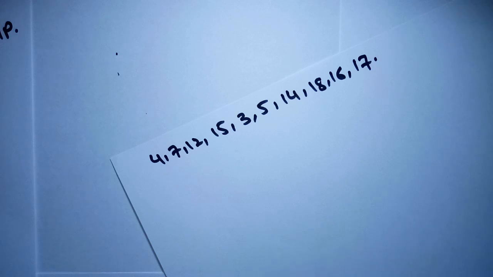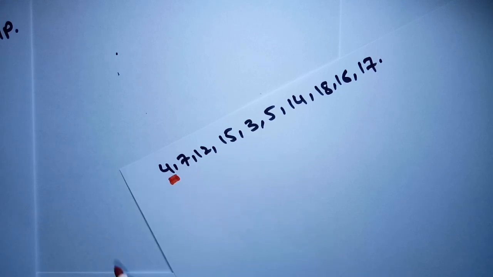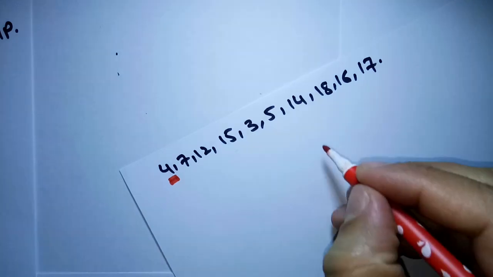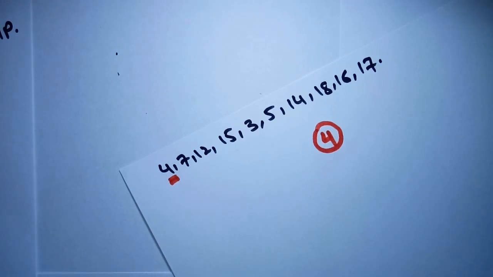So first of all, we get 4. Remember one point again: whenever you insert any new node, the color of the new node is red. So I am going to insert the first node, 4, and the color will be red, right?